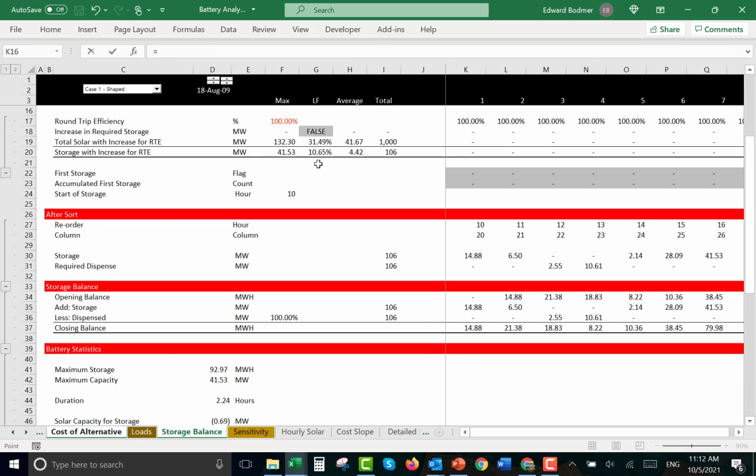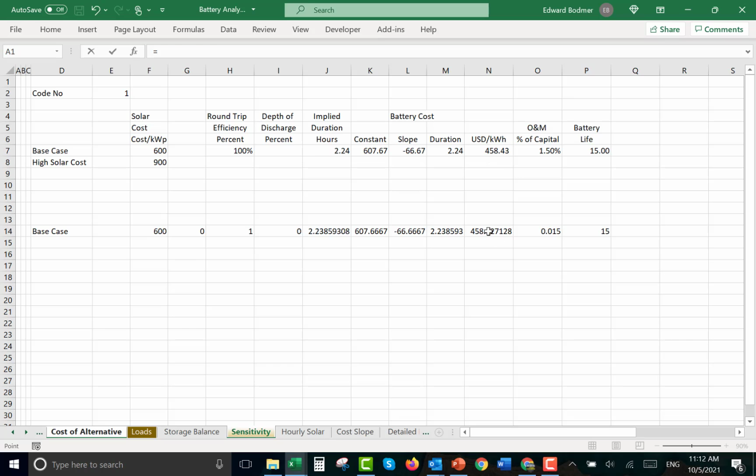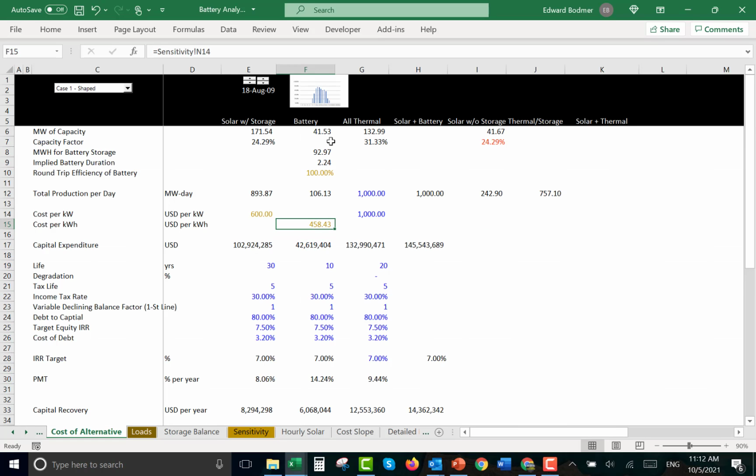So let's get the cost. Now it's all connected. And now if we make it a flatter thing, our battery, a flatter load, because we need more hours, the cost per kilowatt hour goes down.